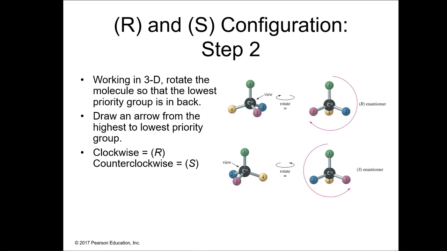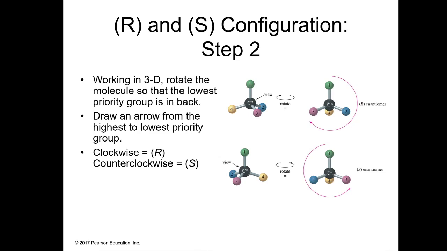Okay. Step 2, and this is the hardest part. This is by far the hardest thing to do because it requires you to think about things in 3D space, something I'm terrible at. So thankfully, because we're only working with one thing at a time, it makes it a little bit easier. So you're going to put the hydrogen in the back, so that you have 3 things pointing out towards you.